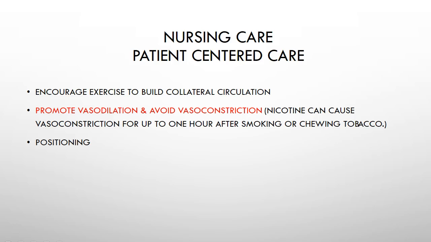And then positioning: you want them to not cross their legs because that can cut their circulation off, not to have constrictive clothing, and to elevate their legs, but not above the level of the heart, because our problem is getting our blood supply down our extremities. If they're elevated above the heart, then you're increasing the gravity that their blood flow has to overcome.